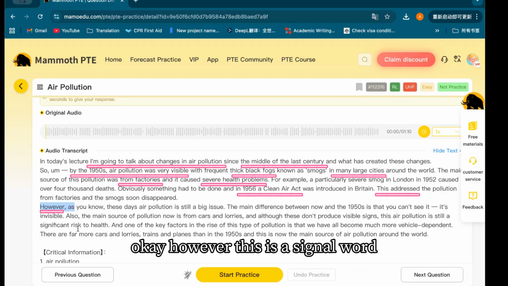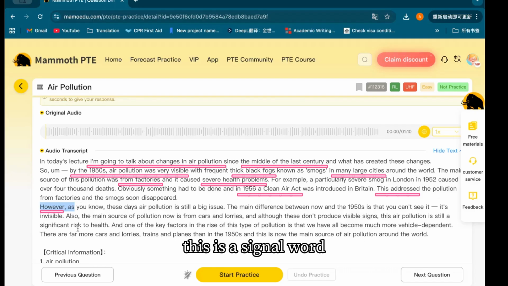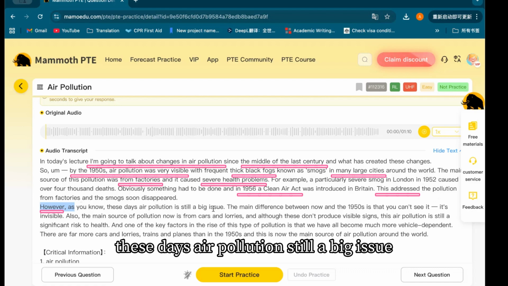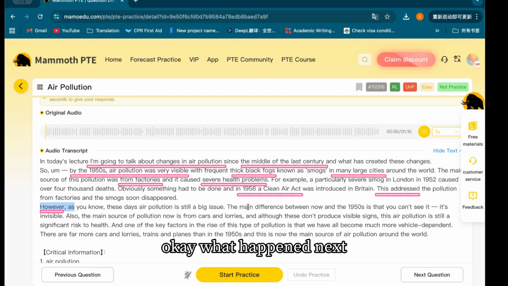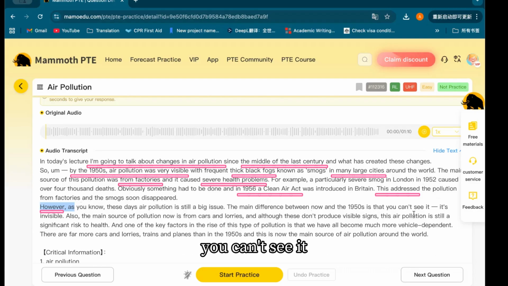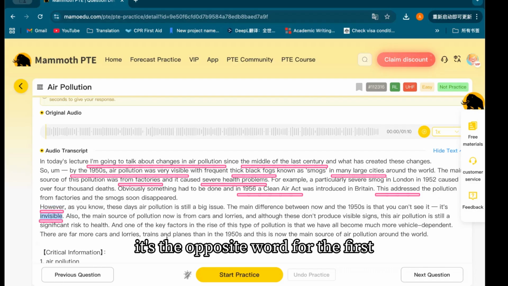However, this is a signal word. This is a signal word. Yes, you need to focus on the rest of the sentence. These days, air pollution is still a big issue. Okay. What happened next? The main difference between now and the 1950s is that you can't see it. It's invisible. Okay. It's the opposite word for the first paragraph.